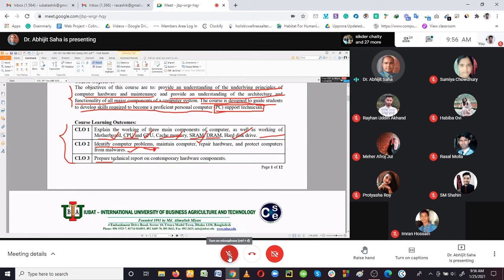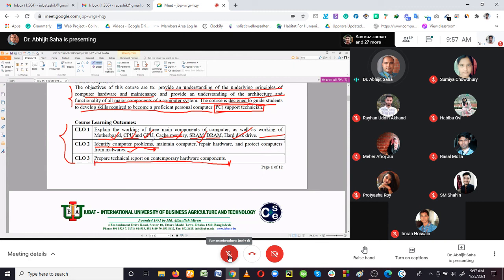Then there is the task to prepare a technical report on contemporary hardware components. That is a kind of group work that I usually do. I prepare groups in the class, like 6 or 7 students in a group, and each group is going to get a topic from the discussions that we have done, like motherboard, CPU, cache memory, or maybe primary memory, or maybe secondary memory.